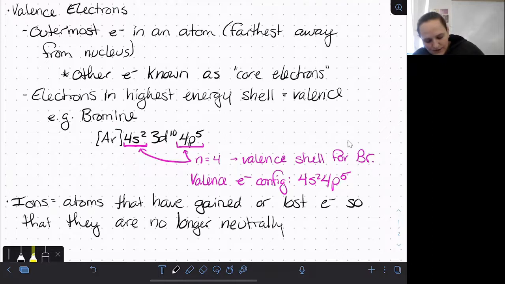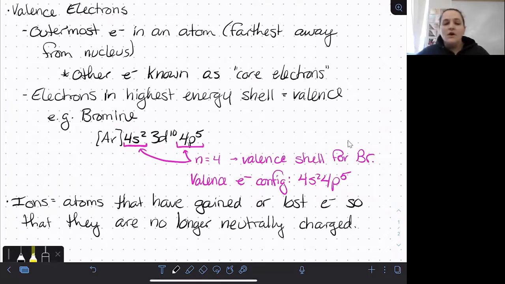So we know in a typical atom, we have equal numbers of protons and electrons, which means that our charge overall on the atom is 0, or neutral. But if an atom gains or loses an electron, it is no longer neutral, so it becomes an ion.